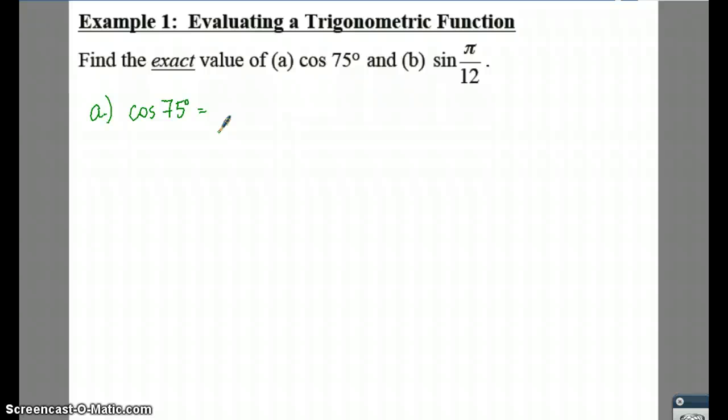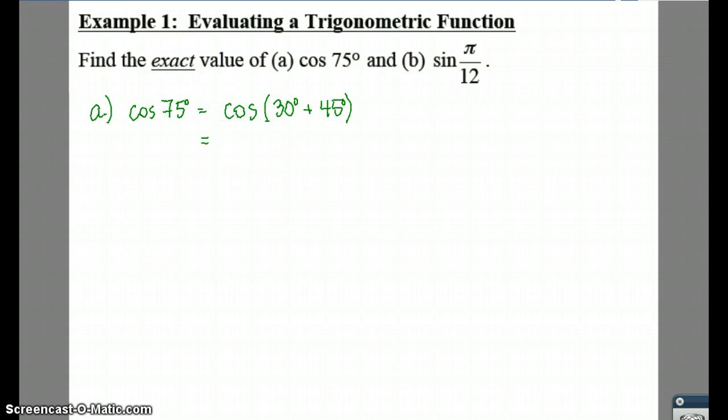However, you can rewrite the cosine of 75 degrees as the cosine of 45 plus 30, or 30 plus 45. It doesn't matter what order it goes in. However, you could not use something like 60 plus 15 because we don't know what the 15 degrees are. So we're going to rewrite our formula now.